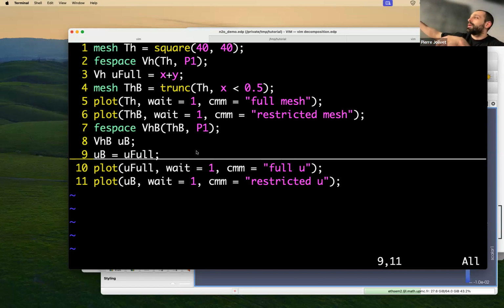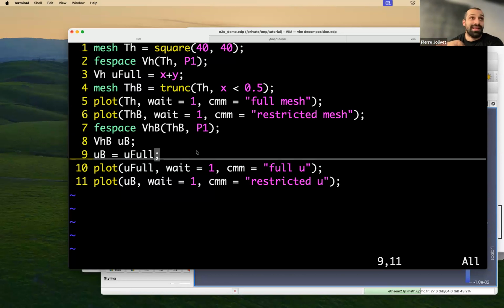Okay, but when you write line 9, FreeFEM has no way of knowing that THB is included inside TH. Okay, and so it still needs to perform some interpolation, which in fact is some evaluation, but FreeFEM doesn't know that it can just pick up the value without doing any sort of interpolation.